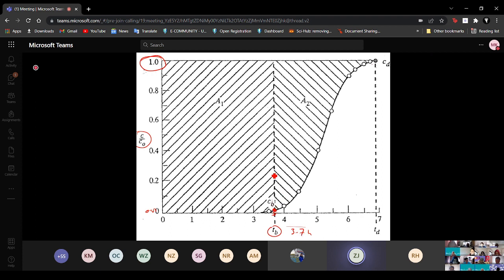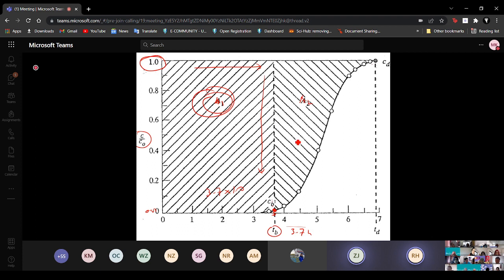Once you determine the CB, remember that you can divide it into two areas, area A1 and area A2. So how do you get area A1? This one multiplied by this one. This is 3.7 times 1.0, so you get area A1.